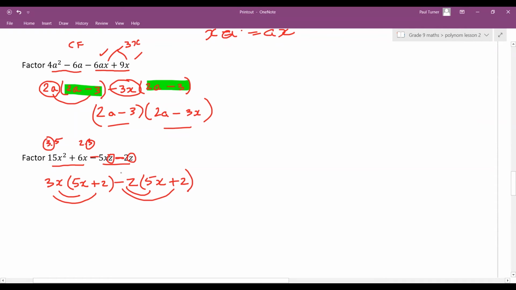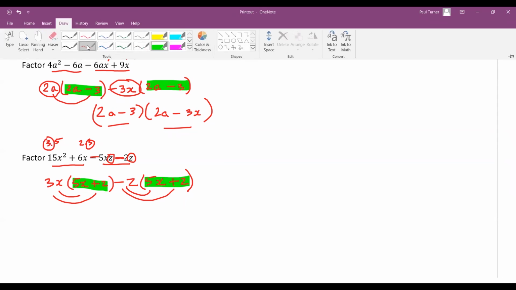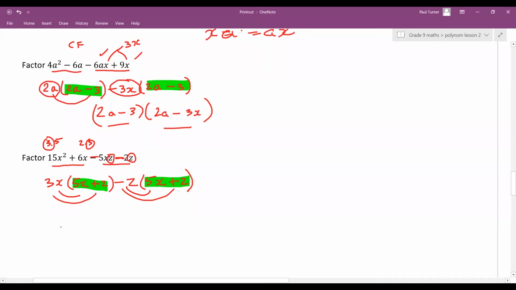So just be a little bit careful with your signs in this part of the question. Because these two terms should be the same if this method works. So that's one way to know. So we write your common factor down, which is 5x plus 2. And you are left with 3x minus z.